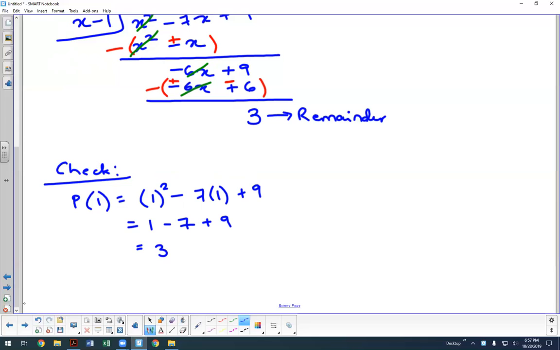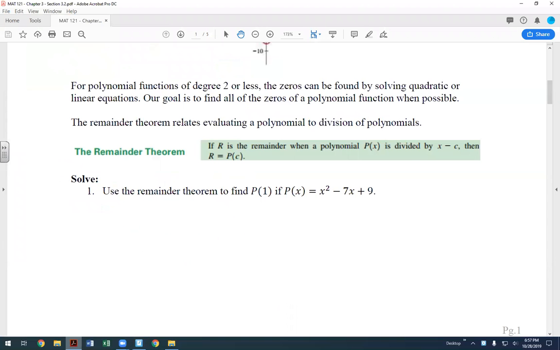So you should have the same answer as we got from the remainder of our long division. And that's exactly what this remainder theorem is saying, that the remainder you get when you take your p of x divided by x minus c should be the same as when I take p of c evaluated, giving us that same remainder as our answer.